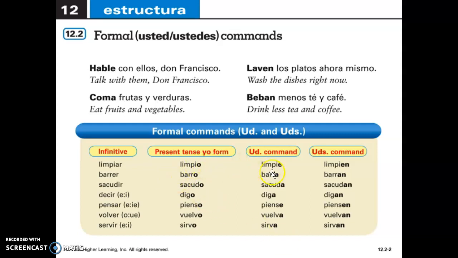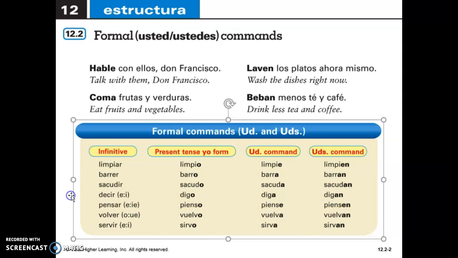So pay attention there. In the command, it's going to change the structure of the verb. So in here we have limpie, and in the plural form it's going to be limpien. Barrer, barra, barran. Sacudir, sacuda, sacudan. Decir, diga, digan.